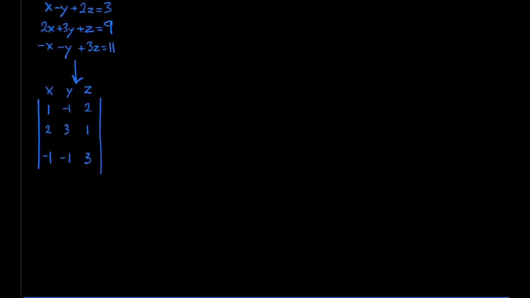Which method do you prefer to use, the looping method or expansion by cofactor? The first one. The loops? Okay. Now, if you use the looping method, you're going to rewrite the first two columns here.